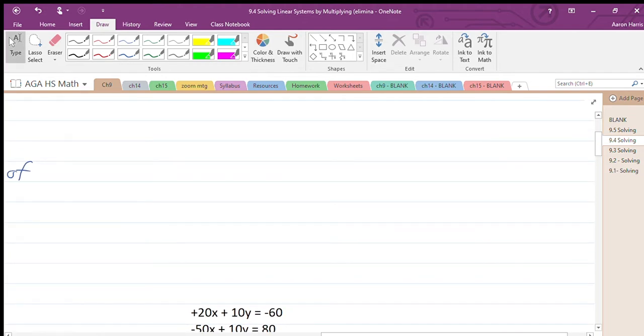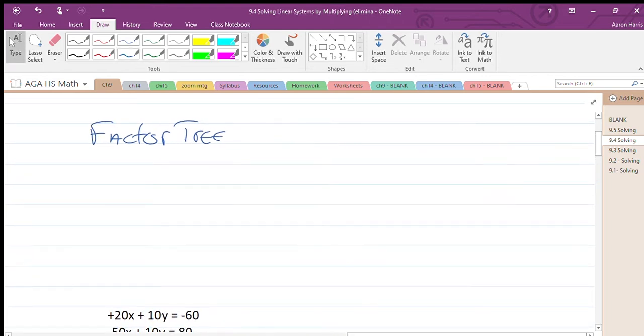Well, here's where we get this from: the factor tree. We all should be very familiar with the factor tree. What you do with two numbers, let's take the 4 and 6, you start factoring that number. The way that I do it is on the left-hand side, always start with the smallest prime number.